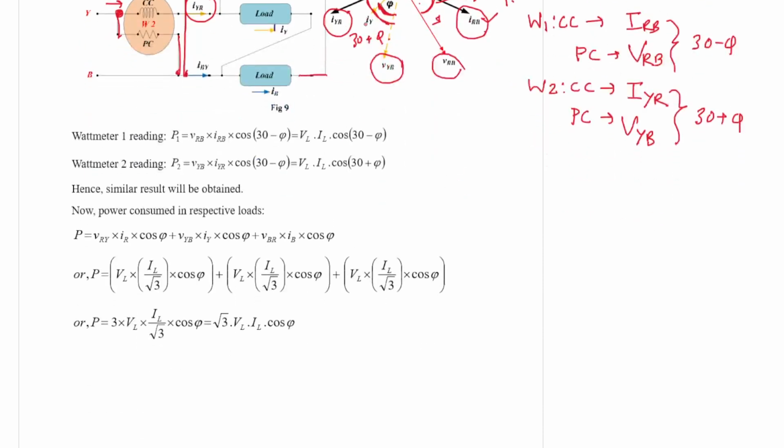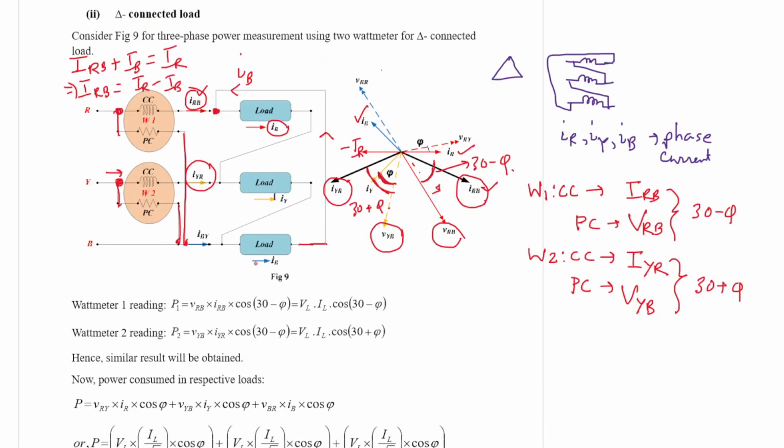So if we write the equation for wattmeter 1 reading, P1 is equal to VRB into IRB into cos of 30 minus phi.